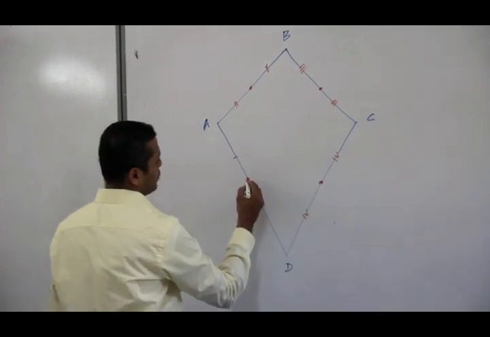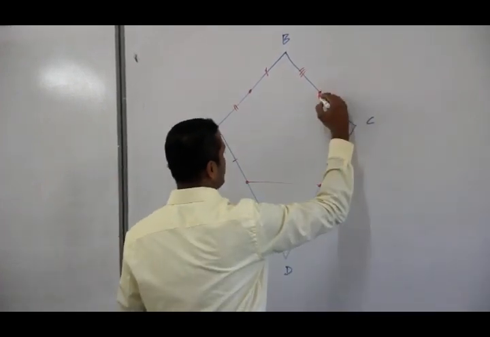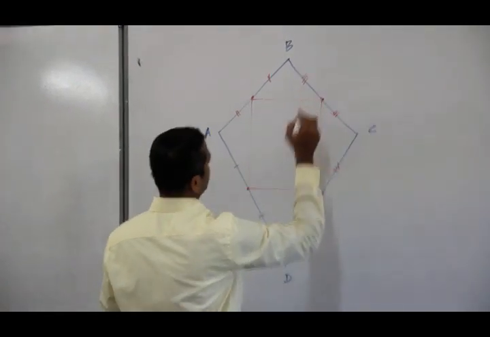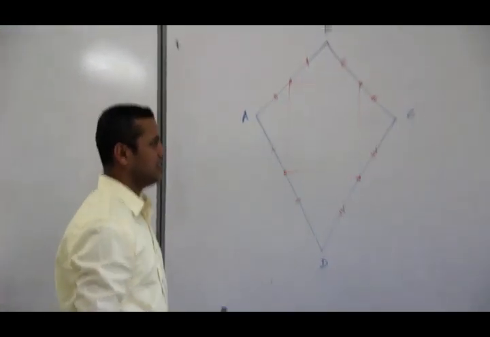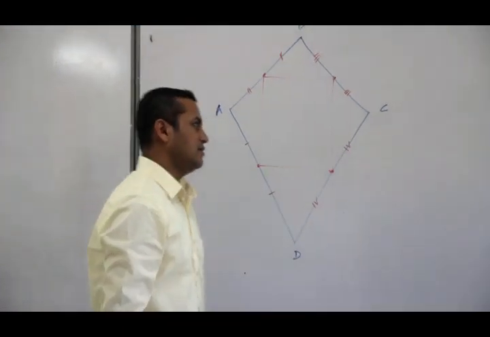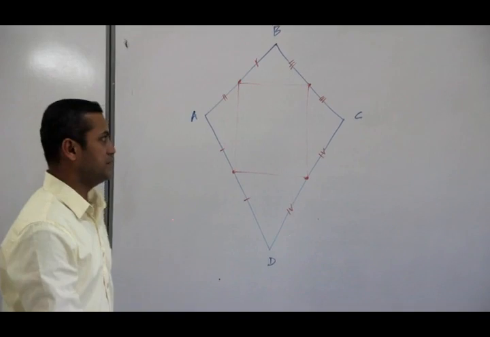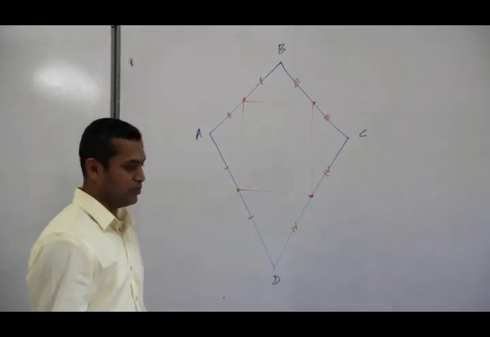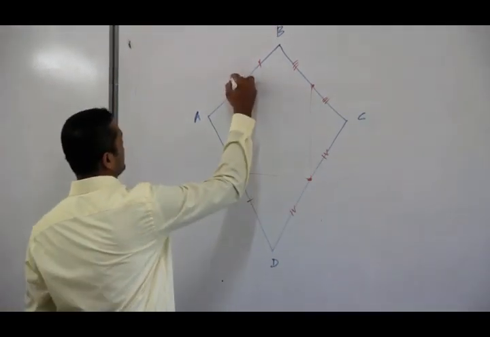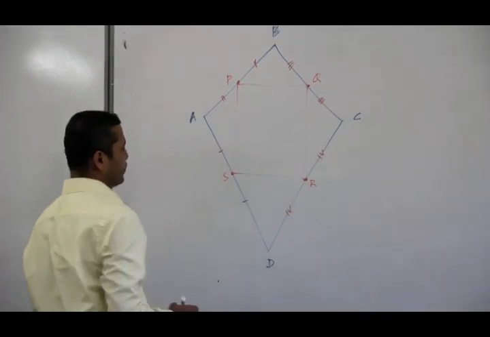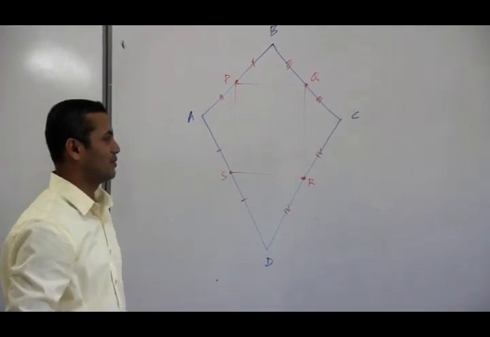Okay, I'm going to join this midpoint. Right. Now the question is to find out the perimeter of this quadrilateral obtained by joining these midpoints. I'm going to name it as PQRS, right? Or you can name it your own, right?